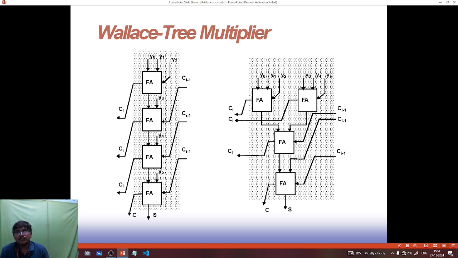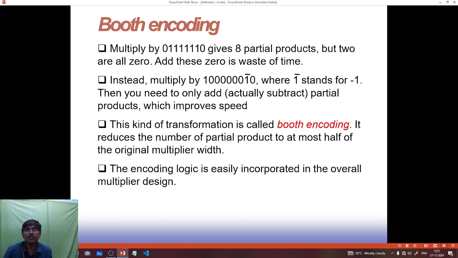So it is the same as the Wallace multiplication, based on the n number of inputs, and proportionally the full adder circuits and carry input circuits are given in the Wallace multiplication. Now Booth encoding: there are eight partial products.